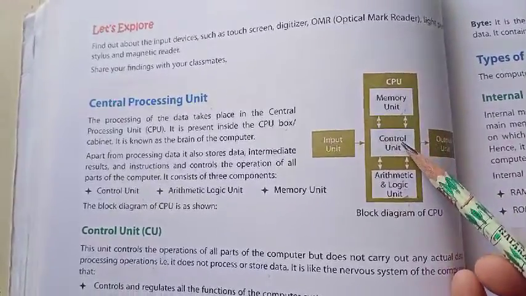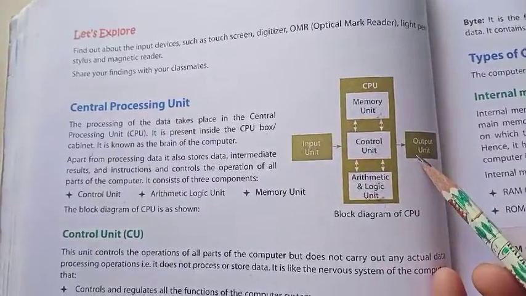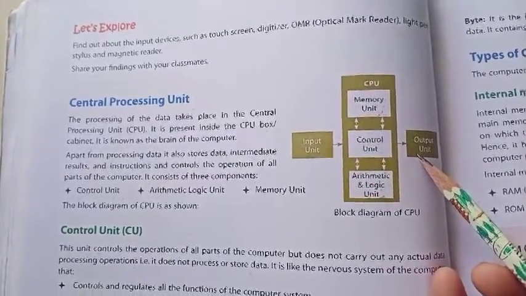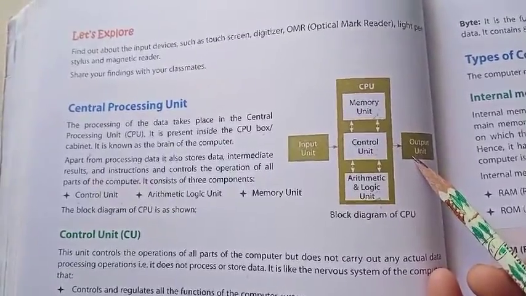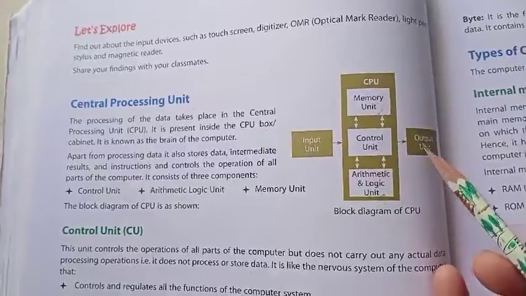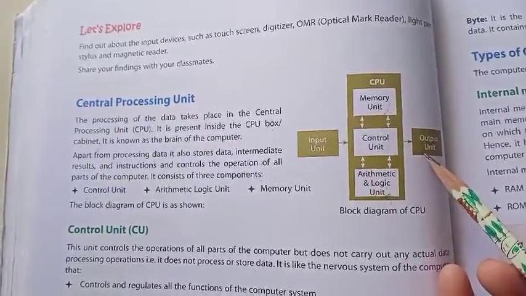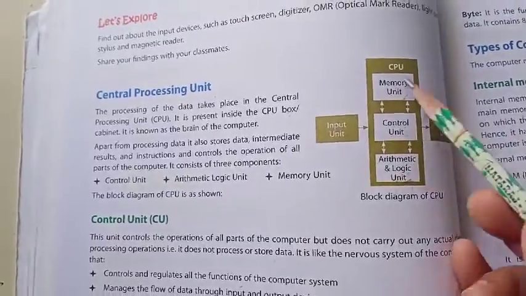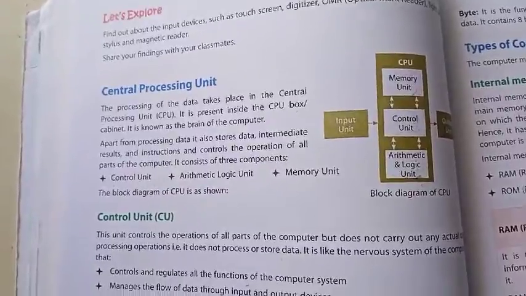Otherwise, if you have given the command to print, it will go to the output unit and that output unit will send it to the printer. And even if you have not given the command for printing, the control unit will show it on the output unit, that is on the monitor. So this diagram is depicting how the CPU works.